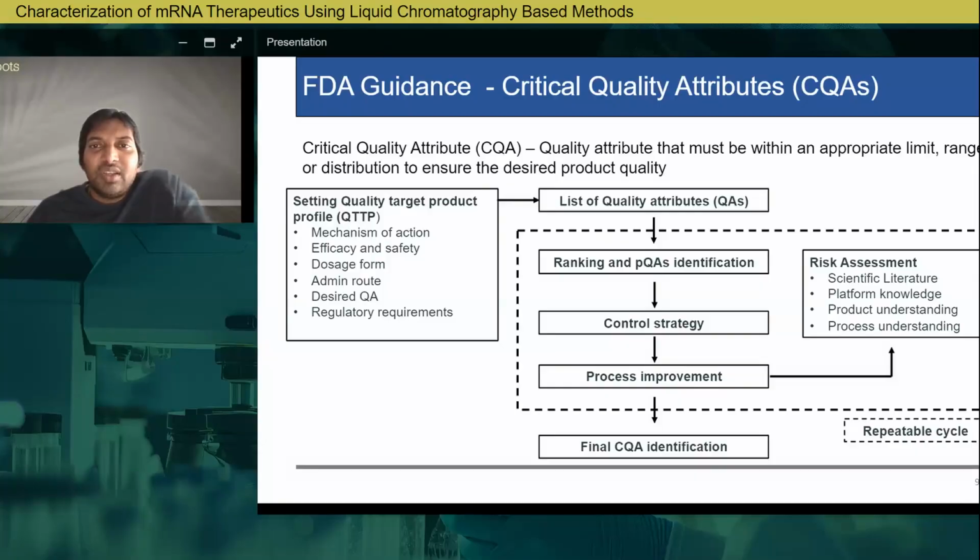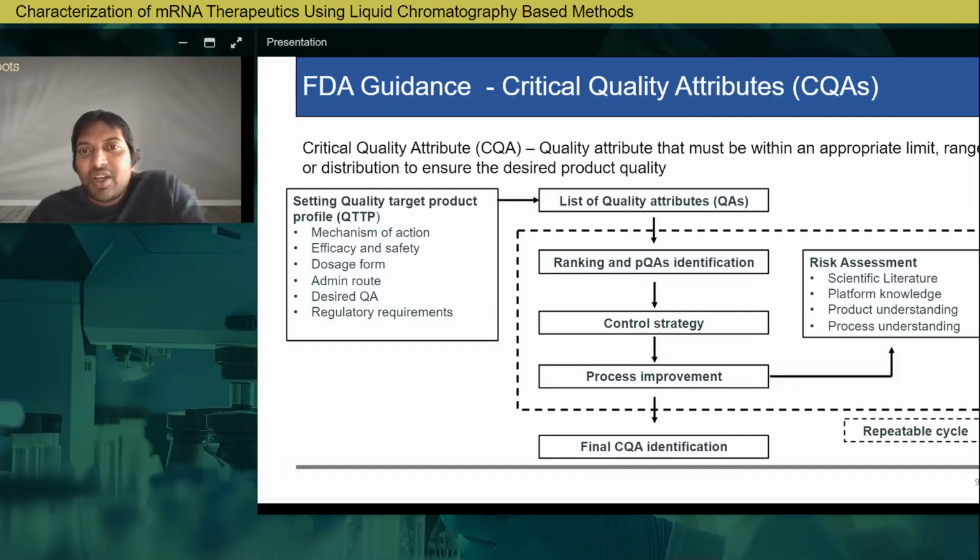Once we identify the quality attributes, we rank them based on the severity as well as the risk assessment, in such a way that it plays a big role in patient safety as well as in product stability.